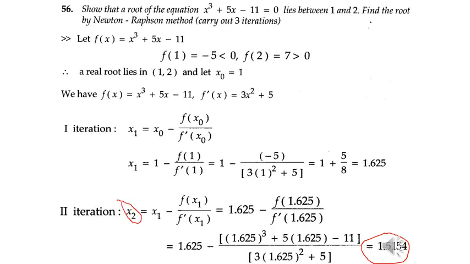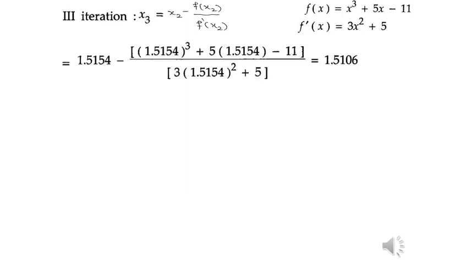And we can improve this x2 again to x3. How? Just by replacing x2 by x3 and x1 by x2 in the formula, we get x3 as this. Now replace x2 value from the previous iteration here and simplify.